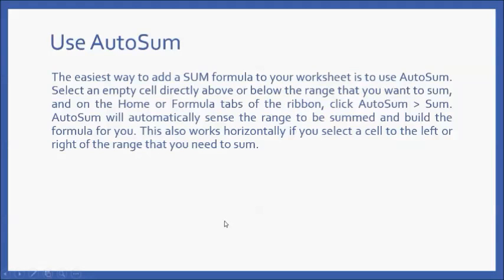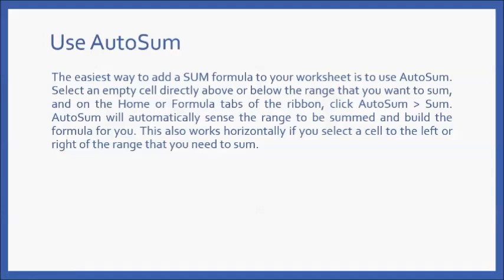So the easiest way to add a sum formula to your worksheet is to use AutoSum. Select an empty cell directly above or below the range that you want to sum, and on the Home or Formulas tabs of the ribbon, click AutoSum and Sum. This will automatically sense the range to be summed and build the formula for you.